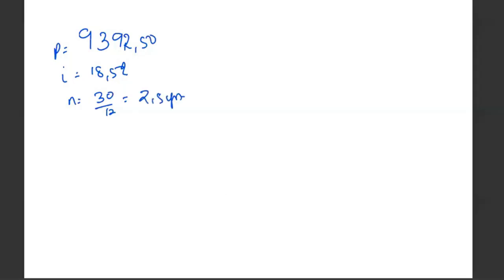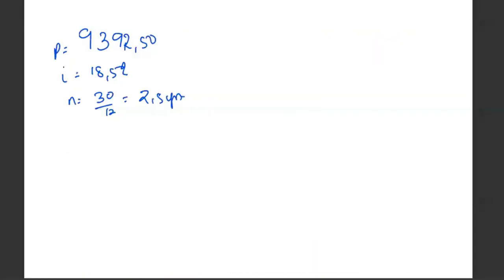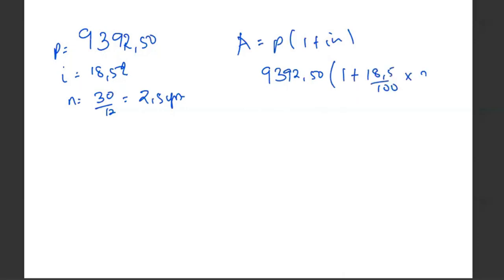Now, whenever you're dealing with hire purchase, the type of interest that is used is simple interest, okay? So write down the formula of simple interest, 1 plus i n. That's 9,392.5 times (1 plus 18.5 over 100 multiplied by 2.5).